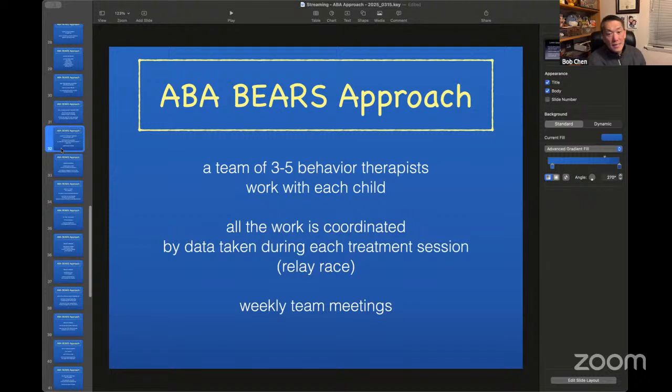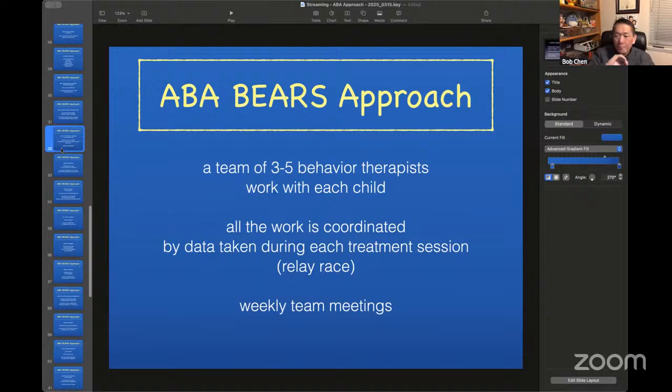Now, for us, we assemble a team of about 3 to 5 behavior therapists to work with each child. And that doesn't mean like 3 to 5 people are at the house at the exact same time. No, what it means is that, oh, Monday through Saturday, which is our usual work days, we have 3 to 5 therapists scattered throughout the week providing session.